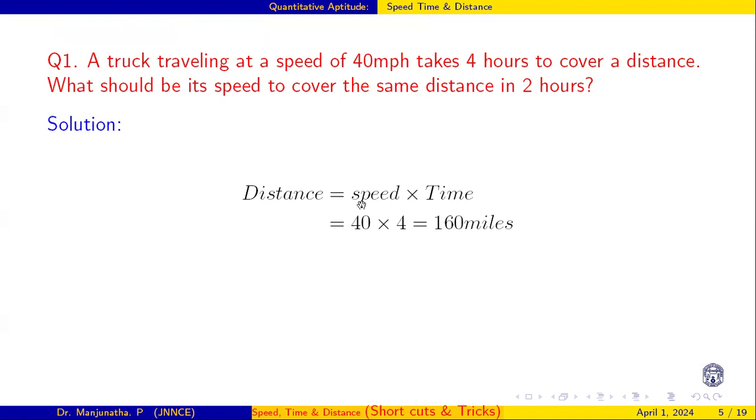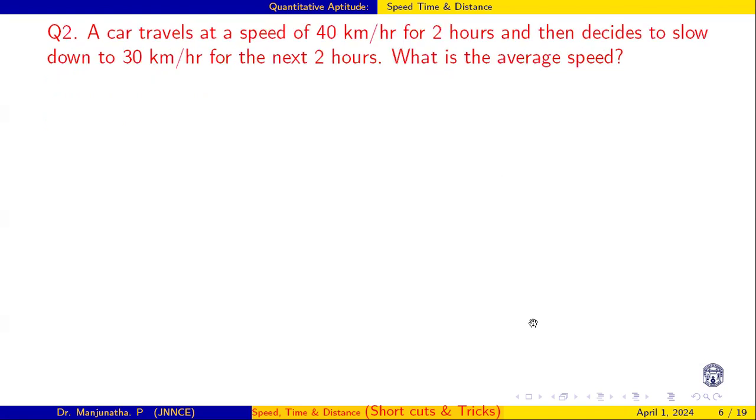So speed is equal to distance divided by time, 160 divided by 2, that is 80. Automatically, since it takes 4 hours to cover the same distance, for 2 hours it should be double, that is 80 km per hour.